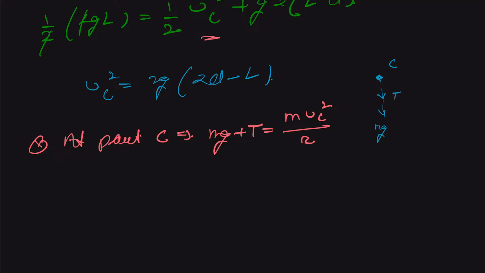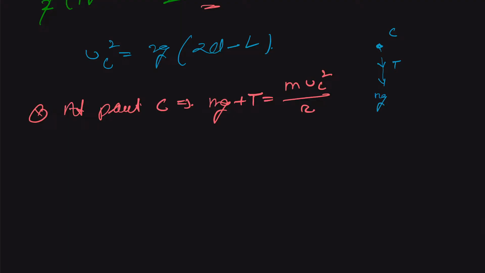Okay. We have to remember that the string will be just taut and that the tension limiting value will be equal to 0. Ideally it should be greater than or equal to 0, but for the limiting value we can consider that the value of T is equal to 0.